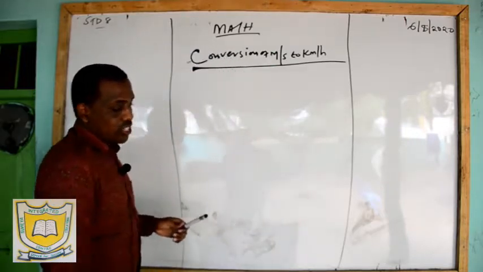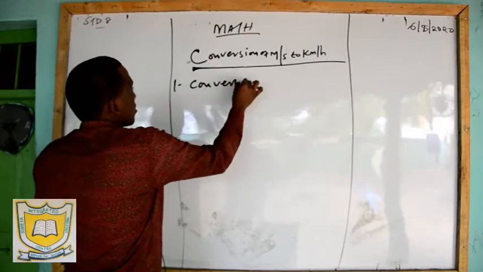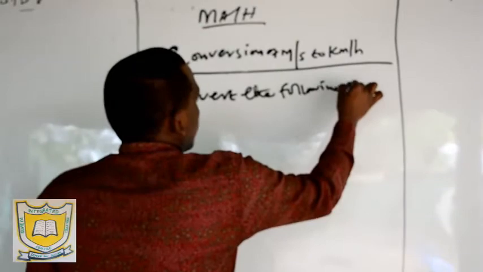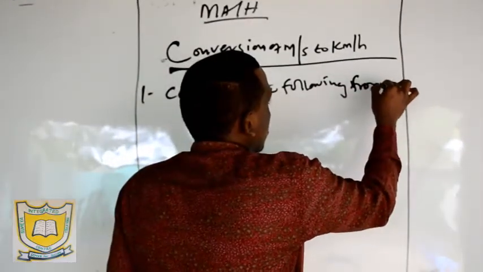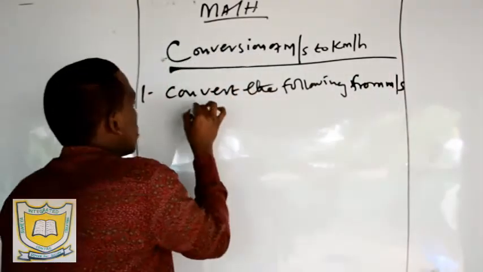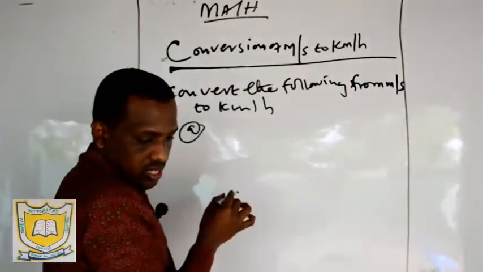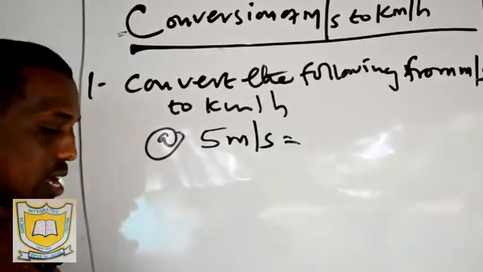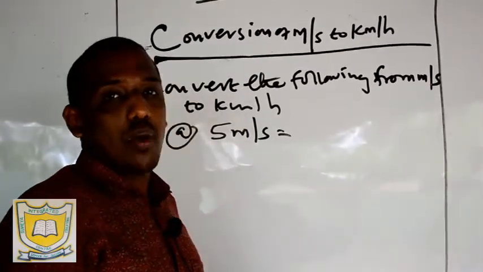Here you are told to convert the following from meters per second to kilometer per hour. Then question A, they said 5 meters per second. You will change it into kilometer per hour.